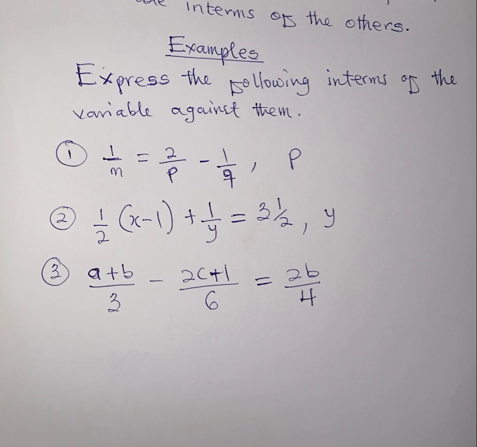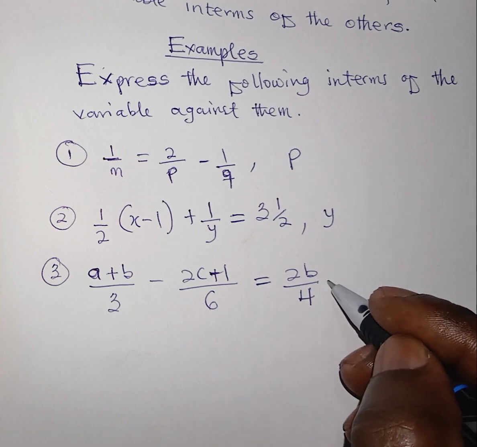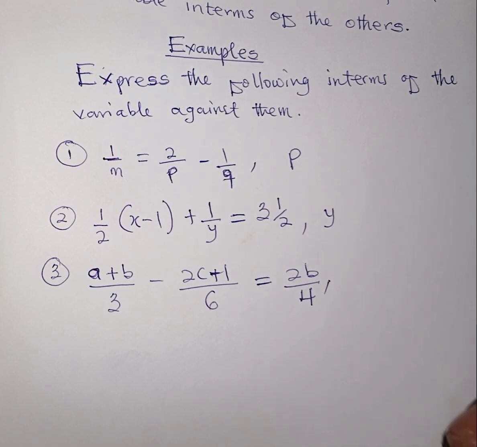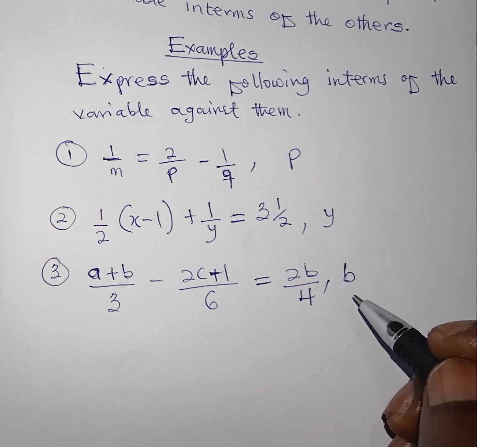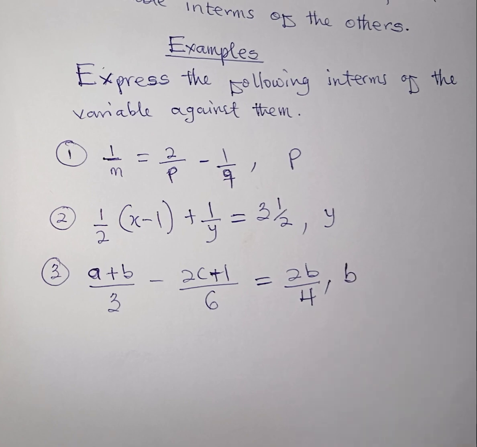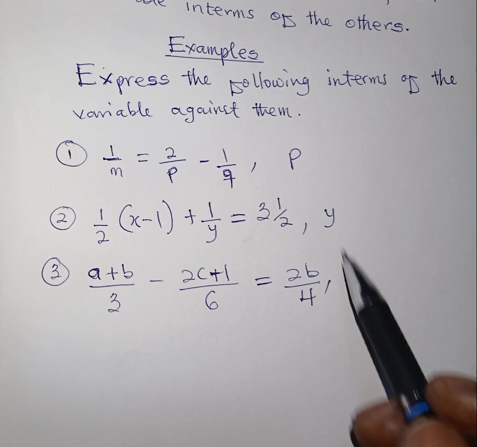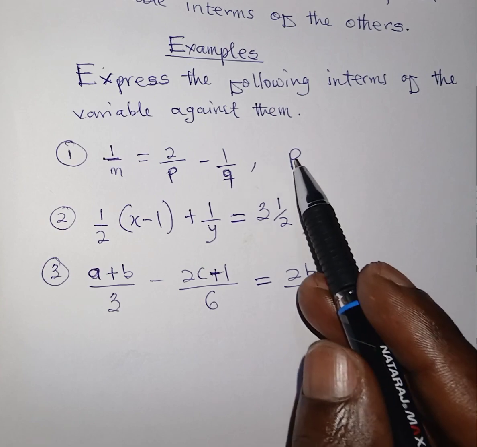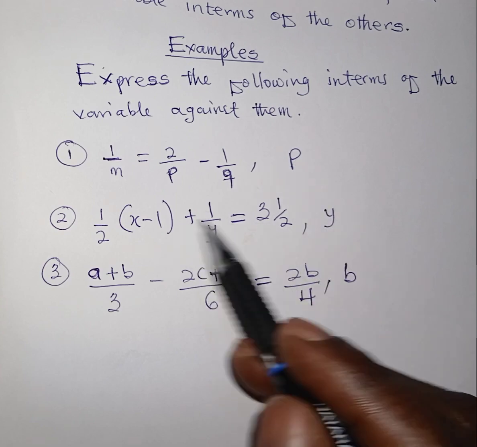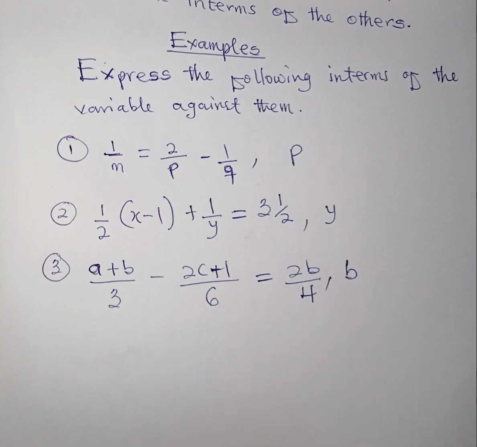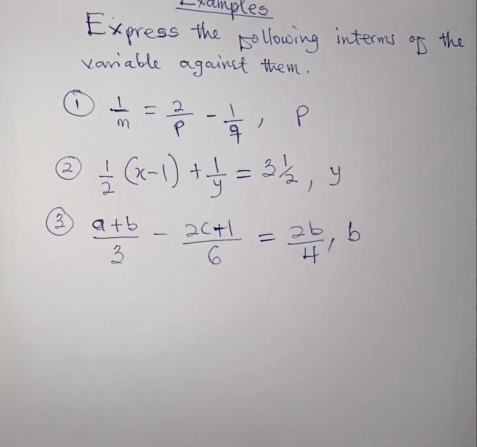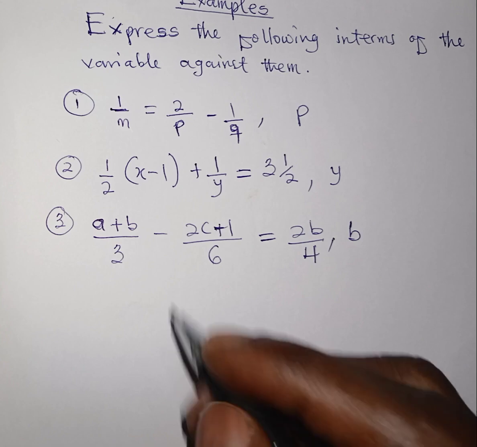In each of them, we have P, Y, and B. These are what we are making the subject. So let's take the first example and see how we can do that.